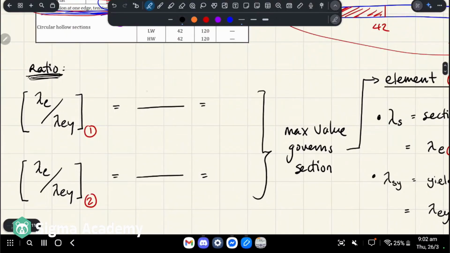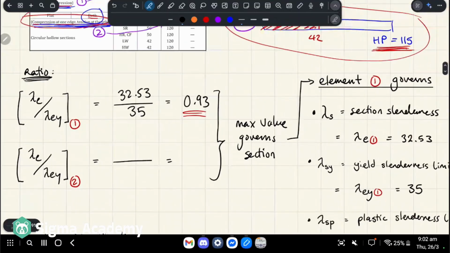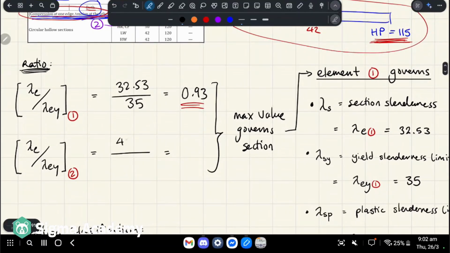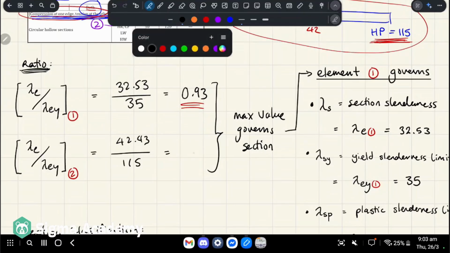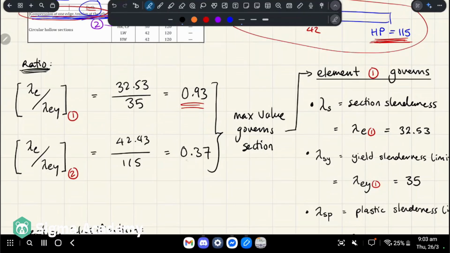And I'm just going to chuck it into these. And we find this one is 0.93. So there's a 93% utilization, I guess you can call it. Whereas this one is way lower. So this is a lower utilization, so it's not close to its limit at all.